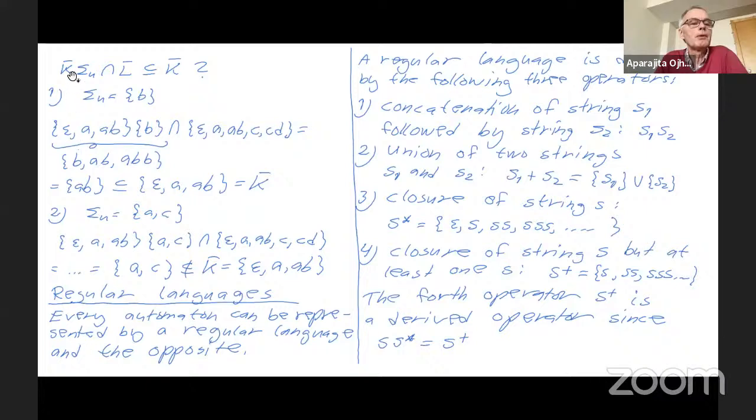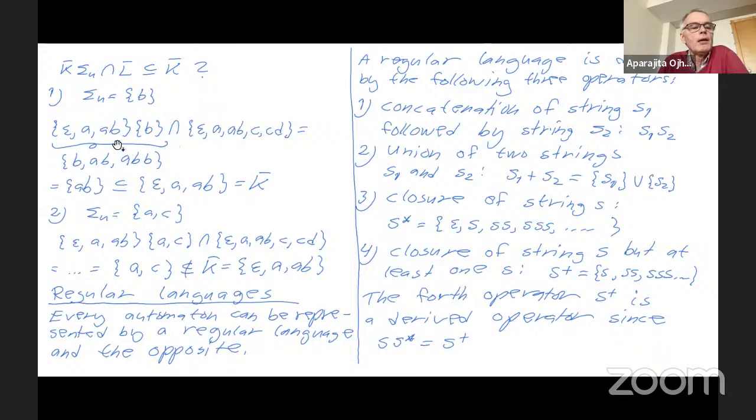Okay, we remember that K bar was epsilon, A, AB, and that concatenated with the event B gives you B, AB, and ABB, because you add B at the end of these strings. Then you take the intersection of that with L bar, and L bar was epsilon, A, AB, C, and CD. So the question is, is the intersection of this a subset of K bar?